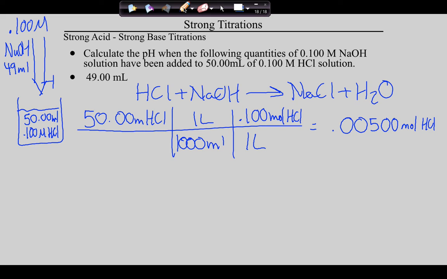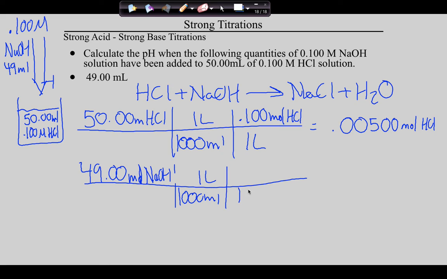Same math, different numbers. 49.00 milliliters of NaOH. 1,000 milliliters is 1 liter. 1 liter, 0.100 moles of NaOH is equal to 0.00490 moles of NaOH.